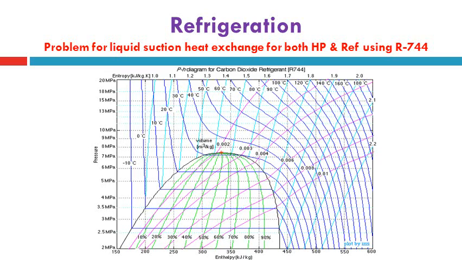Here in this slide we recall the pH diagram for the carbon dioxide refrigerant, number R744, in two axes, pressure in megapascal and enthalpy in kilojoule per kilogram. The saturation line is shown in black, the isotemperature lines in blue, the specific volume iso lines in purple, and the constant entropy iso S lines in light blue.